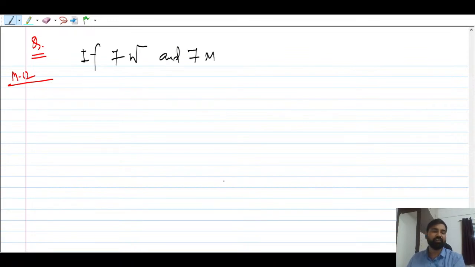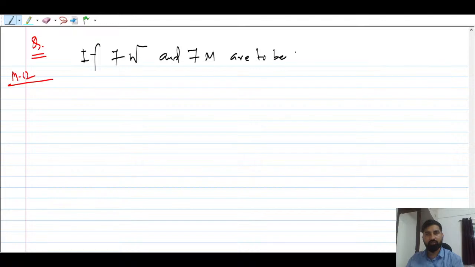So W stands for women, and 7 men are there, right? 7 women, 7 men. Okay, so this is very important. 7 women and 7 men are to be seated around a circular table.